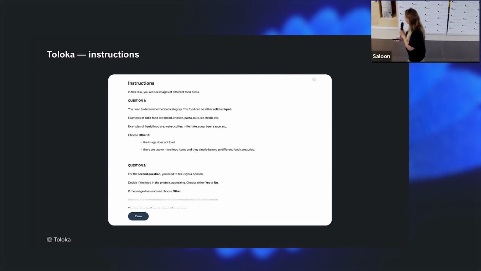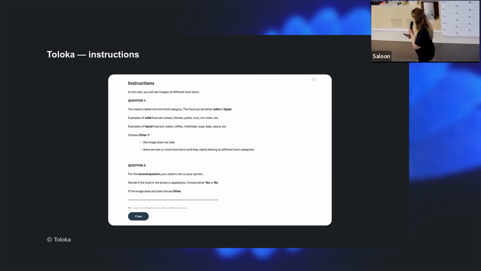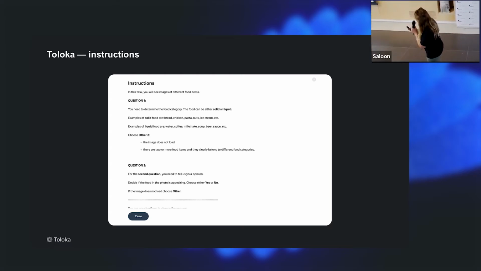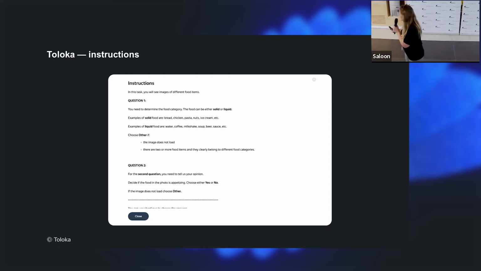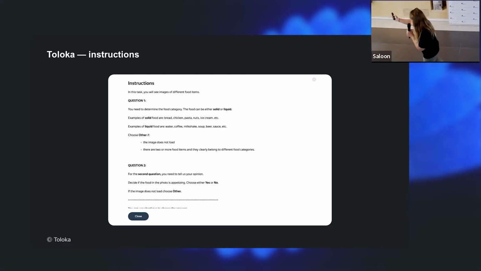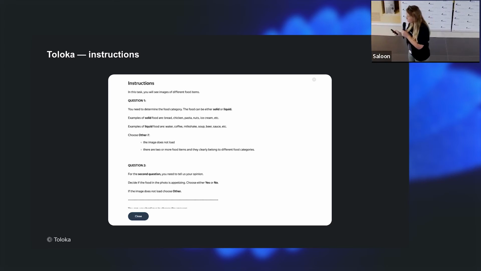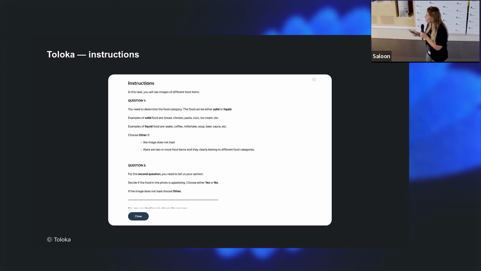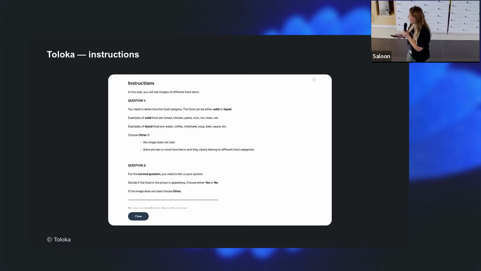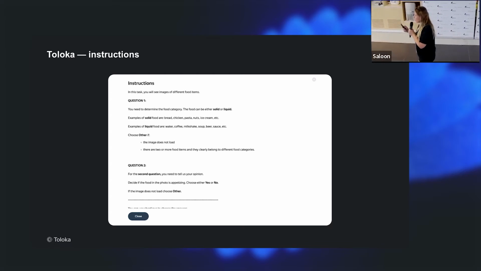So if you actually can read the instructions, first of all, and this is very good practice if you design those things, they fit on one page. I think there's just something small there that did not fit, but they are very short and concise, but also include examples of what food should be annotated as solid, as liquid, or as other.